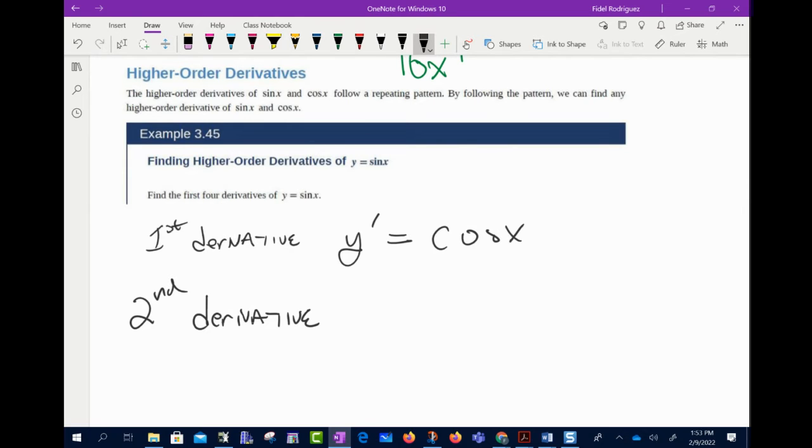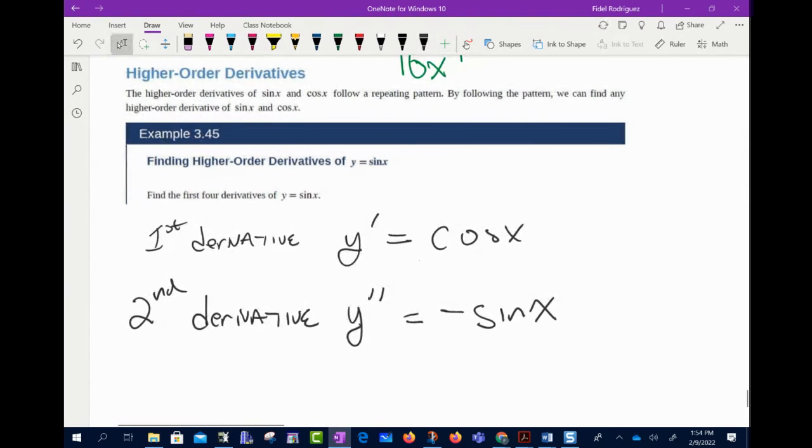Now we're going to do the second derivative. This is the notation we use for the second derivative. If the first derivative has that little apostrophe, the second derivative has 2 of them because it's the second derivative. What's the derivative of cosine x? Negative sine x, right? Good. Excellent.